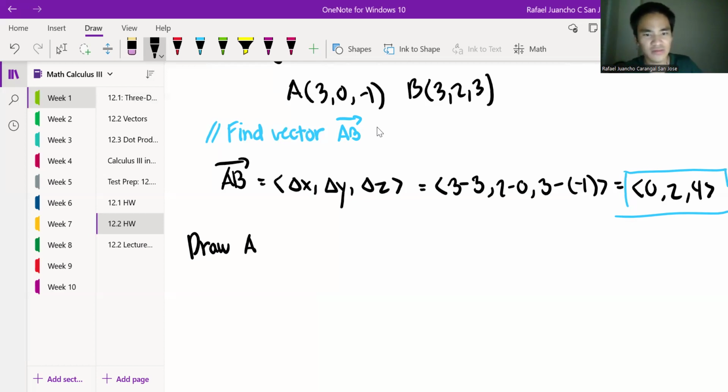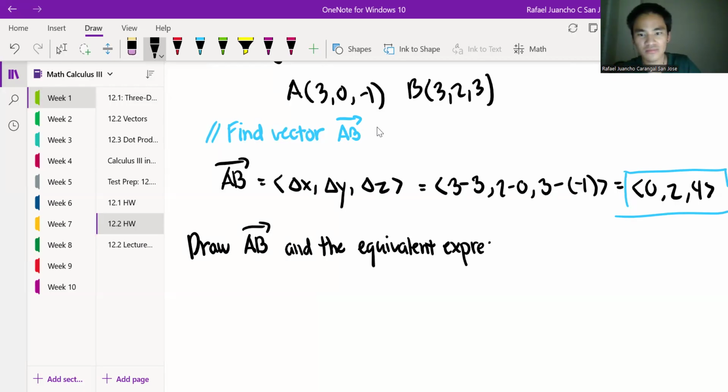Draw AB and the equivalent representation A starting at origin.